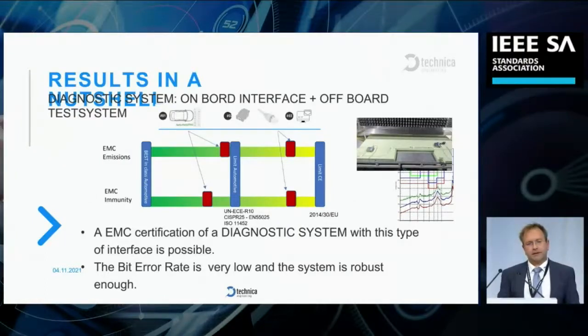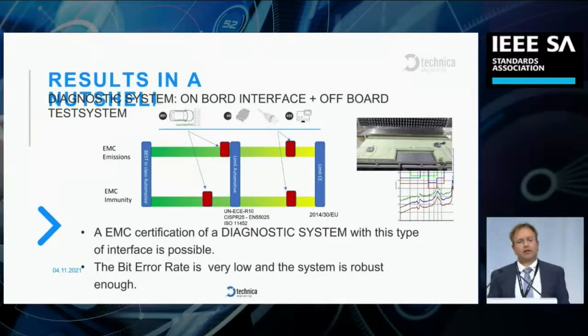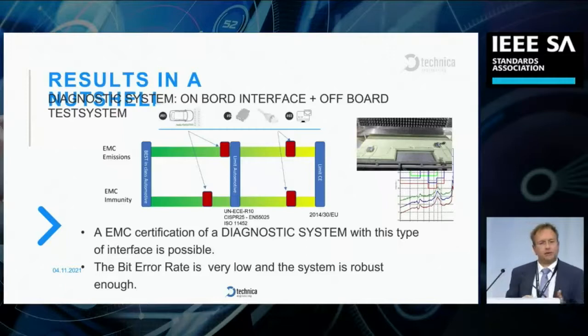What you see here are the results on EMC in a nutshell. In a nutshell means I try to eliminate the limits as detail to give you an overview. When I'm talking about the system, I'm not talking about the diagnostic interface only, I have to talk about the diagnostic system.